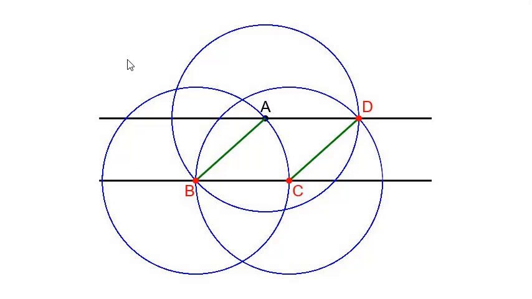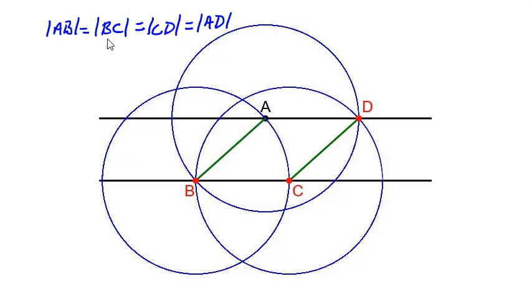And what we wish to highlight here is that the length of the line segment AB is equal to the length of the line segment BC, which is equal to the length of the line segment CD, which is equal to the length of the line segment AD.